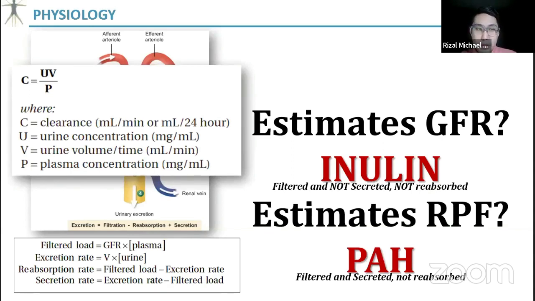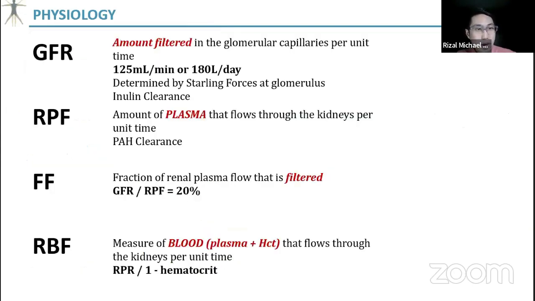So na-compute naman most students yung clearance ng item. So 2 items yung amin nun. So GFR is the amount filtered, RPF is the plasma flow, and then your RBF, your renal blood flow, is plasma plus hematocrit. And then your filtration fraction is your GFR divided by your RPF, around 20%.